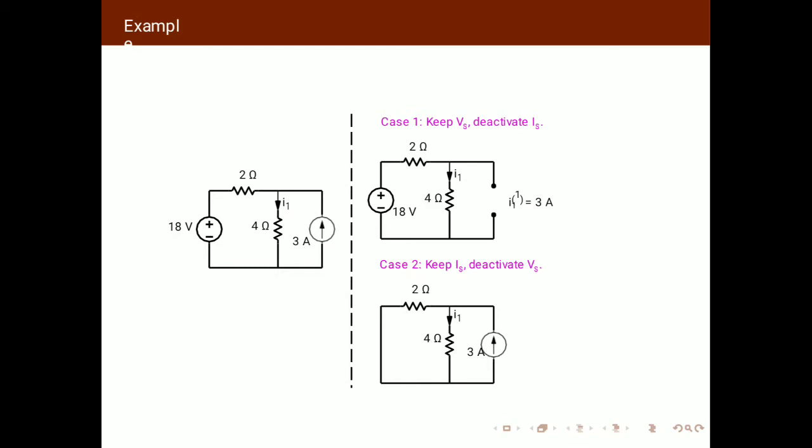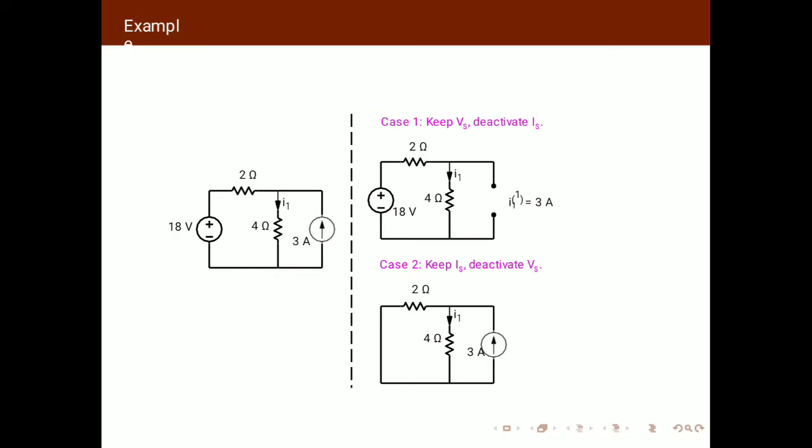Now go for the second case. Here the 18 volts source is short circuited, which means it is deactivated, and Is is kept the same as it is, with 3 amps, 4 ohms and 2 ohms.